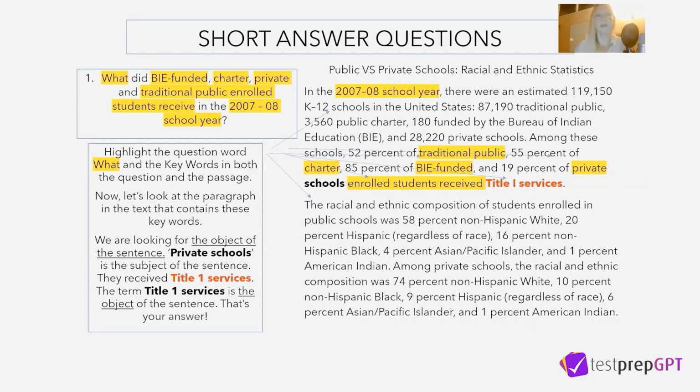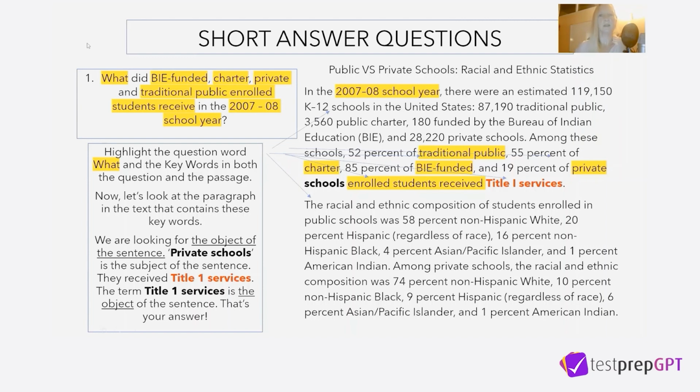So what we've done here is we've highlighted the question word, what, and we've also highlighted all of those key words that match between the question and the text. What indicates that we're looking for an object, we're looking for a noun, right? It's not a place, it's not a time, it's not a reason, it's an object, okay? So we're looking for the object of the sentence.